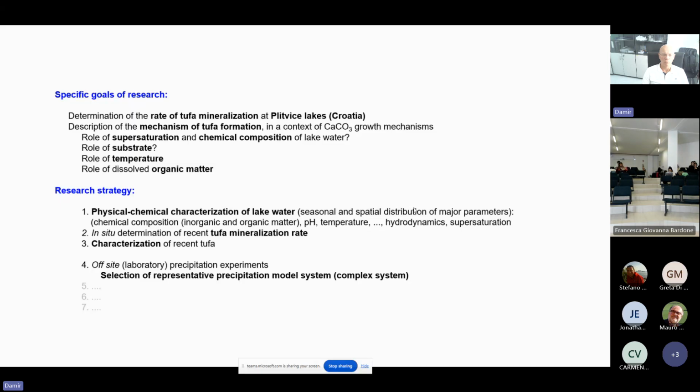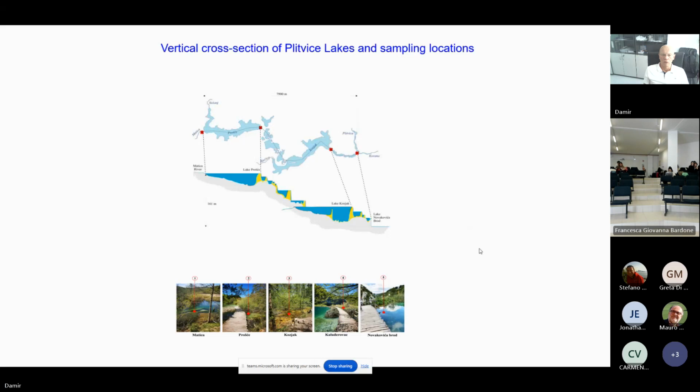After that, we'll make off-site laboratory experiments and initial screening experiments with different precipitation systems with different concentrations of water. On this slide, you can see the vertical cross-section of Plitvice Lakes and the sampling positions.